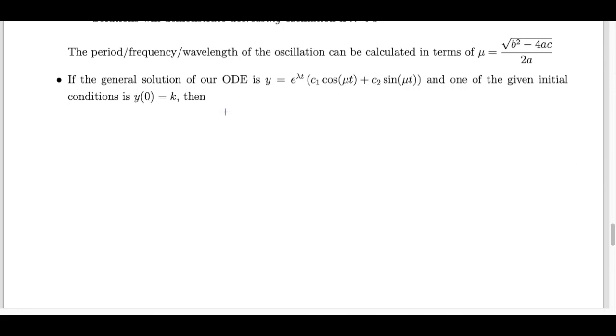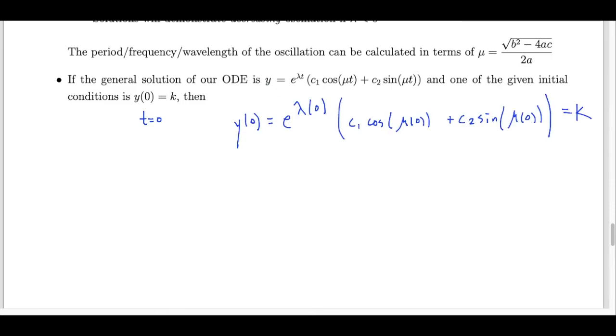And then in this last bullet, I just reiterate the point that we saw in the last example, that if my general solution is of this form that we've highlighted, and one of my given initial conditions involves a t value of t equals 0, then when I plug that into my general solution, most of the terms in this expression will simplify quite nicely.